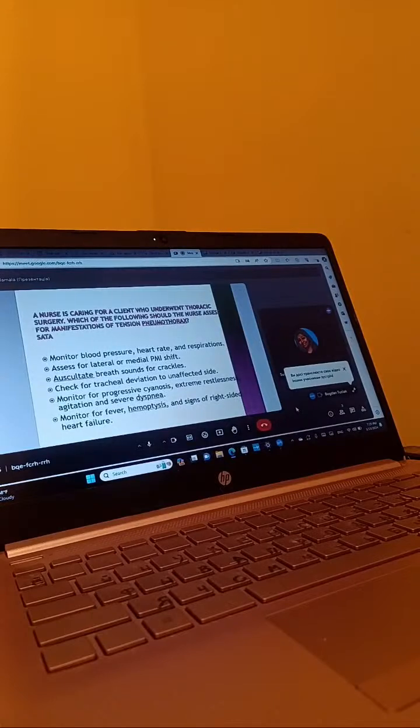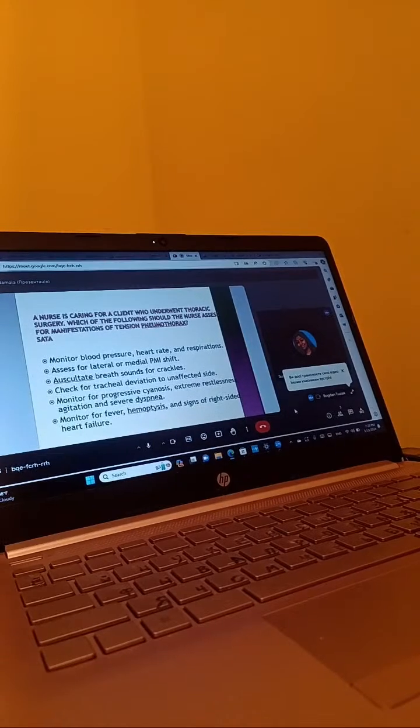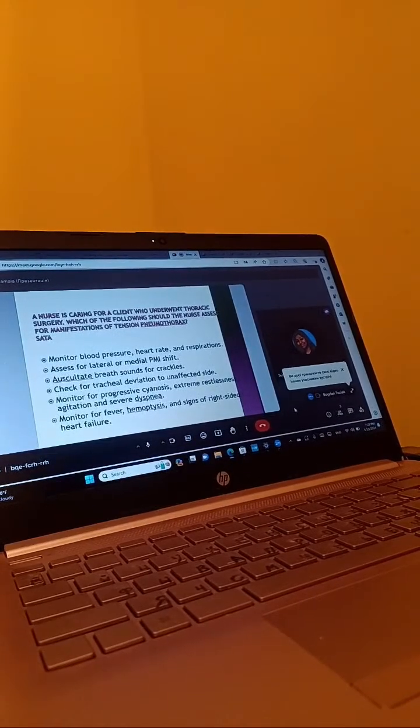So a person can have tension pneumothorax during a road traffic accident, right? The patient can go into pneumothorax in other circumstances too. One is after thoracic surgery, when they normally come with a chest tube.